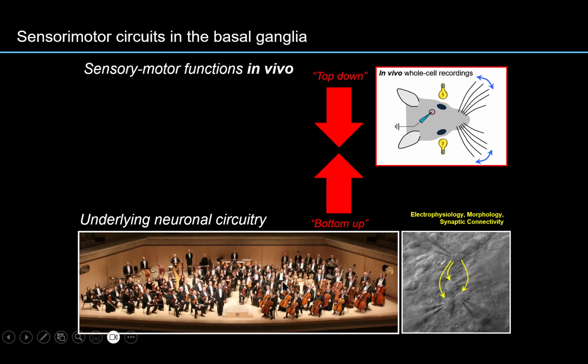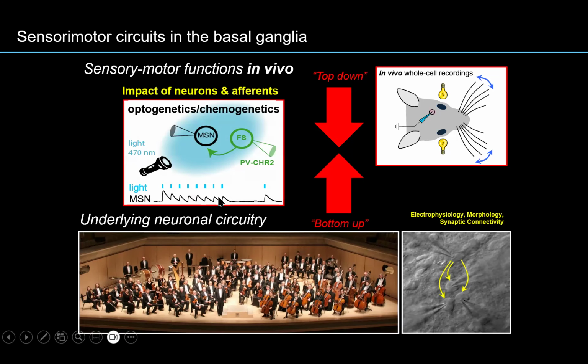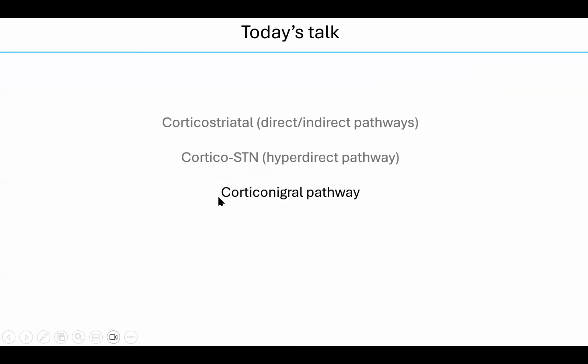There are many different types of neurons in the striatum, in the globus pallidus, in the different regions, and we are interested in their microcircuit organization, to understand how they are synaptically connected to each other. And of course, combined with these electrophysiological methods, we also use optogenetics and chemogenetics to perturb certain pathways and certain cell populations.